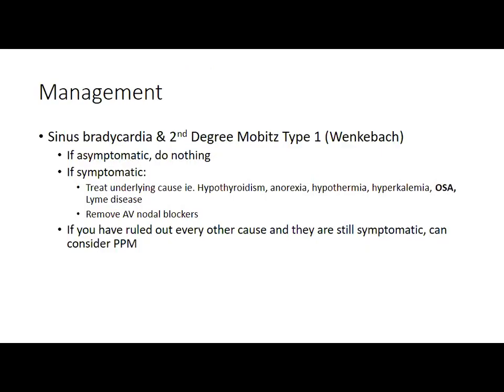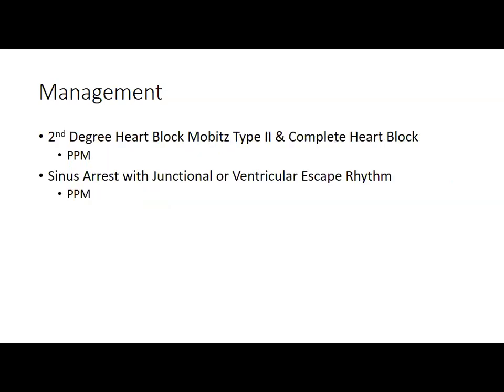How do you manage this? We talked a little bit about our complete heart blocks and our Mobitz type 1 and 2. So this is type 1 heart block, does not need a pacemaker unless they're symptomatic, really hard to prove. Type 1 second degree can get a pacemaker if they're symptomatic, which happens sometimes.